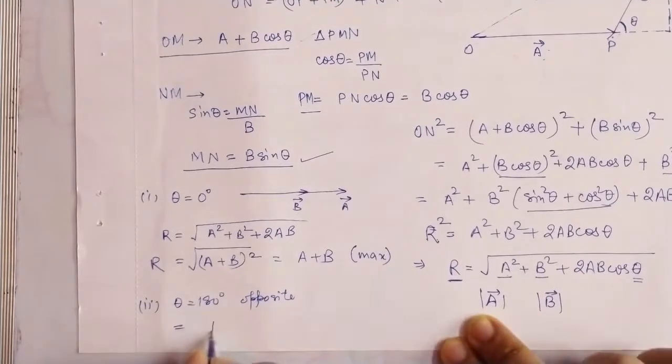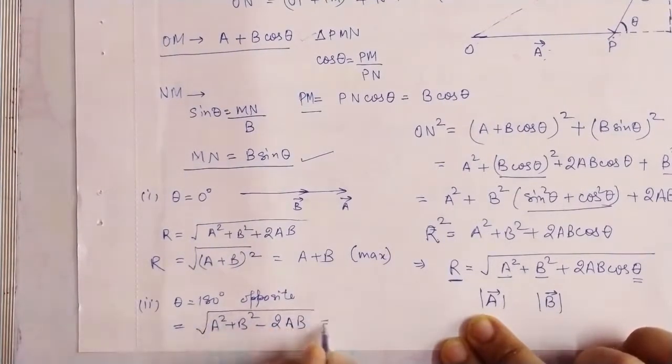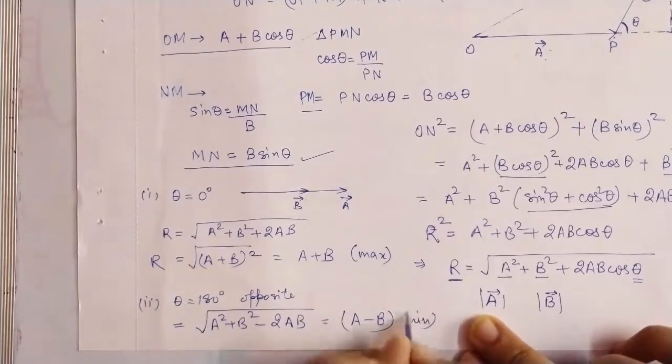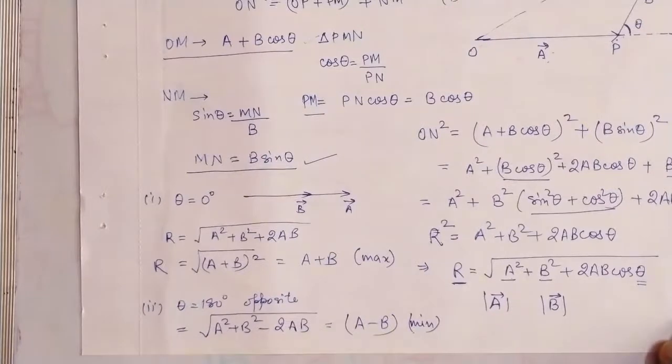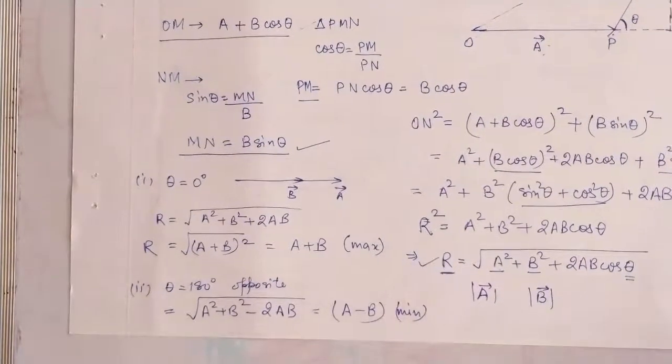So that will become the square root of A square plus B square minus 2AB, that is equal to A minus B, which is the minimum value of your resultant for two vectors acting at 180 degree. So this formula is very important. When you have two vectors, their magnitudes and the angle between them, you can easily calculate the magnitude of your resultant. So thank you everyone.